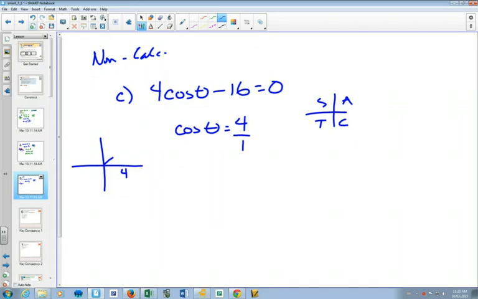Because if my hypotenuse is 1 and my adjacent side is 4, that triangle can't exist, because the hypotenuse is always the longest side. So all you would have to do in this one is make some sort of indication that it's not possible. There's no solution to this one.